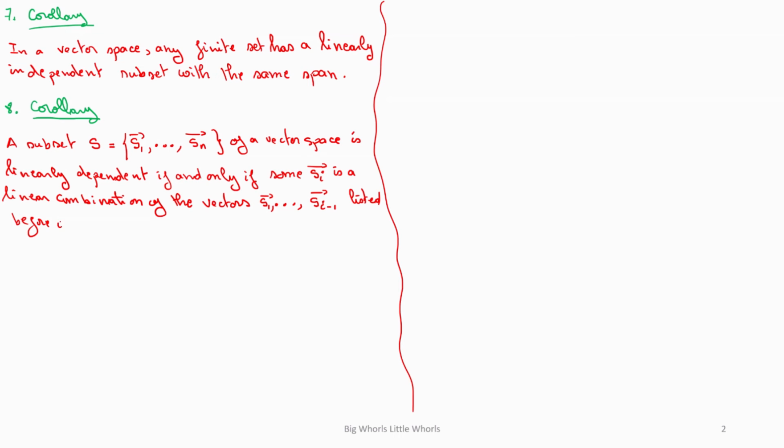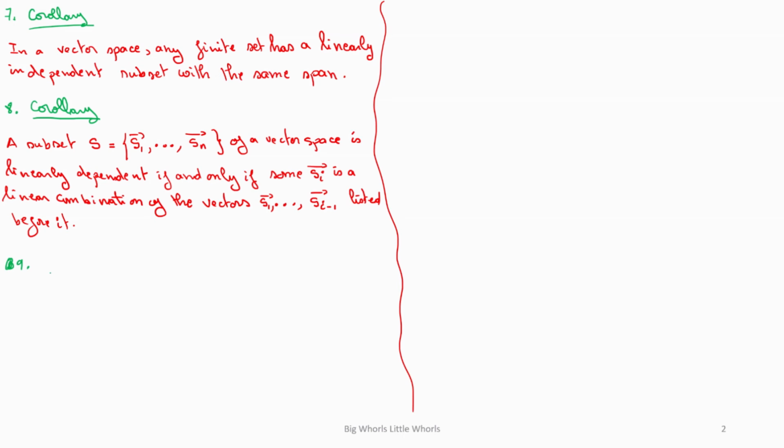So basically what it means is that a subset is linearly dependent if a vector of that subset can be written as a linear combination of other vectors of the set, okay?